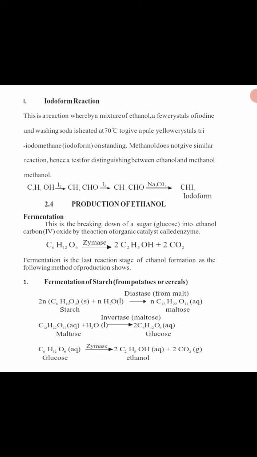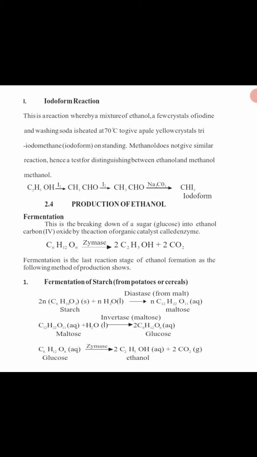So you see that reaction there. First of all, it reacts with iodine, then you have CH3CHO. Then you have that reaction there. Don't bother yourself too much about the reaction pathway. Our main concern is from the beginning to the end.